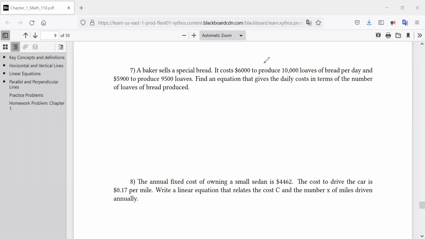So it costs $6,000 to produce 1,000 loaves of bread per day and 5,950 to produce 9,500 loaves per day. So we want to find the equation per loaves of bread. So this is going to be cost, and this is going to be our X. So we want something like this.